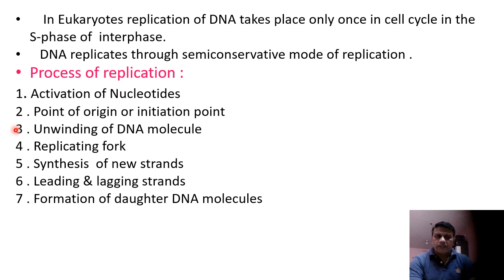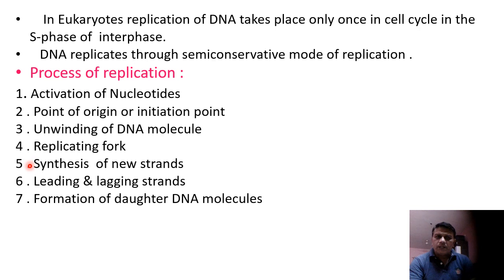Then the third one is that the two strands separate from each other, that is, unwinding of the DNA molecule. Then the fourth step is formation of a Y-shaped structure after the unwinding of the DNA strands, and it is called the replicating fork.